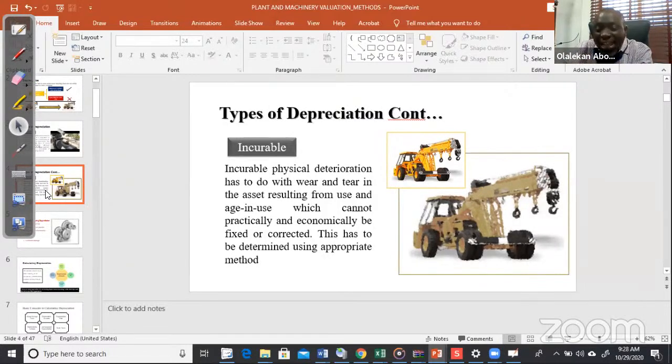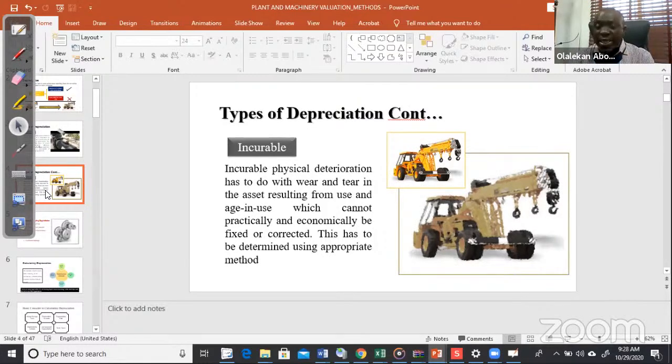That reasonable wear and tear that has to be exempted, those are the ones that cannot be fixed. Those are the ones that will come under what? Incurable physical deterioration. Those are the ones that you have to measure using various formulas. Like, for example, your tiles are losing their shine, your door is no more sparkling bright the way it was. Things like that come under what we call incurable depreciation.